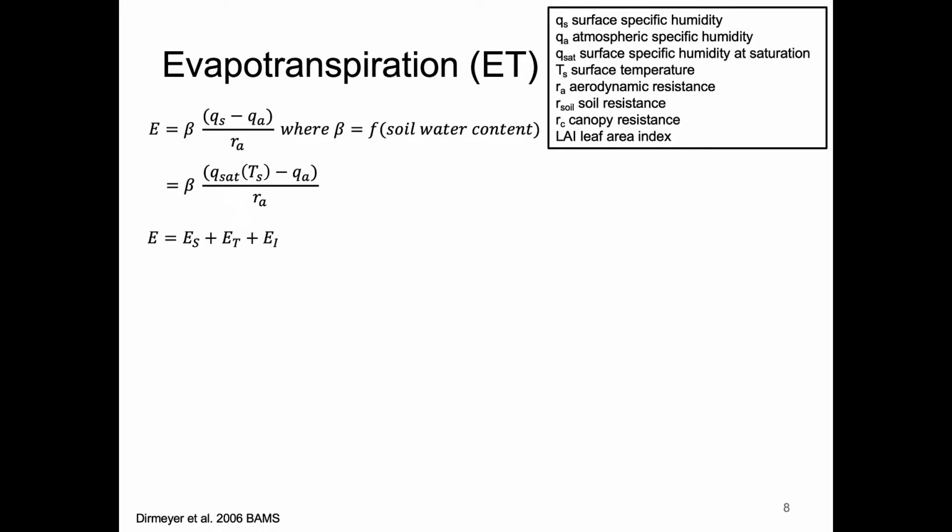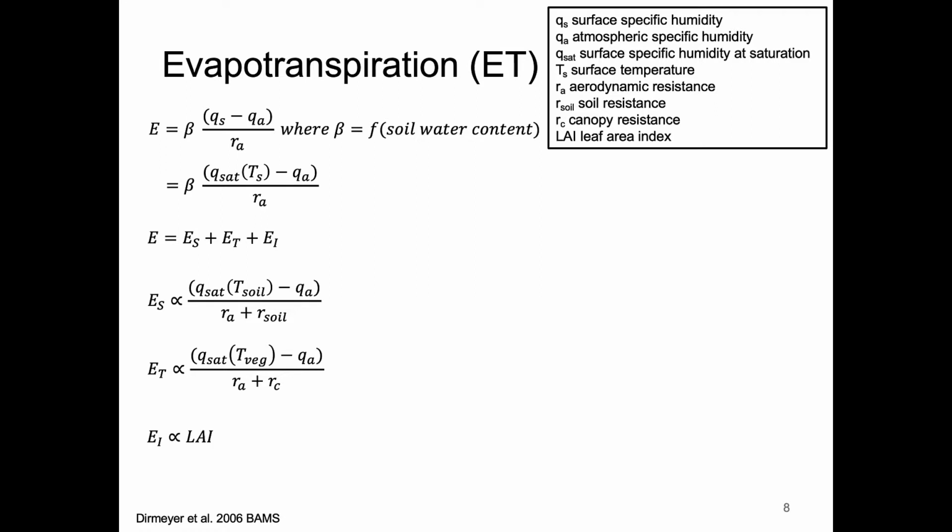As mentioned, evapotranspiration can be split into its respective contributions, including the soil evaporation ES, which is a function of the moisture gradient between the soil and the atmosphere, divided by the aerodynamic resistance Ra and the soil resistance to moisture loss R soil. The transpiration ET is a function of the moisture gradient between the vegetation and the atmosphere, divided by the aerodynamic resistance Ra and the canopy resistance to moisture loss RC.